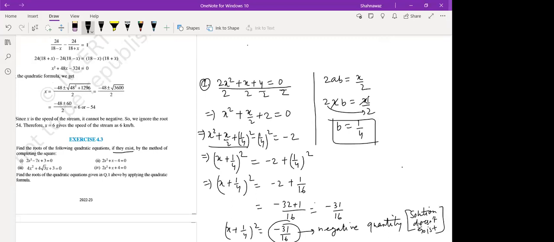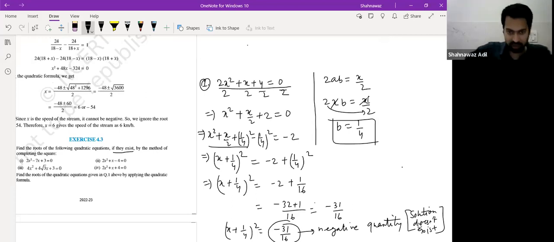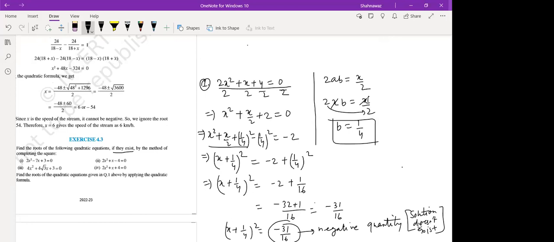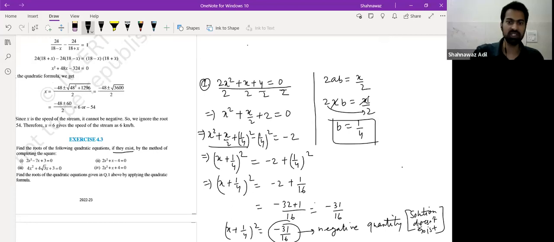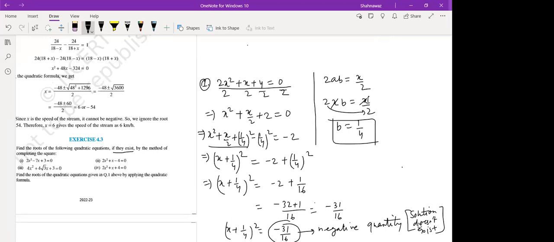You guys note this down, and then we will learn this quadratic formula. So we can say that the solution doesn't exist, no solution. We can't solve any further, right?